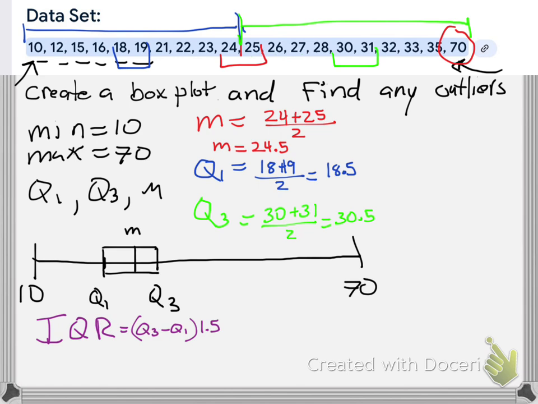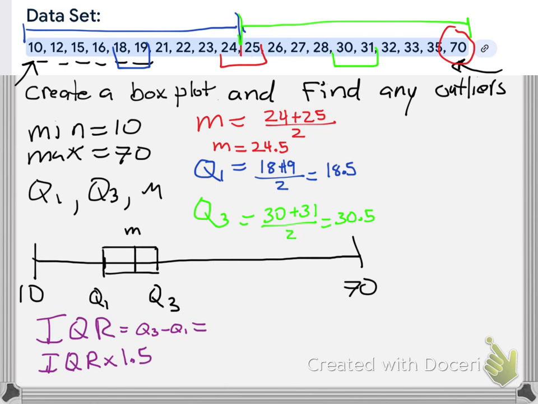So we're going to do that first, and then I'll show you how that works. Let me back this up a little bit. This gives us our IQR. Then we're going to take our IQR and multiply it by 1.5. I don't want to put the parentheses here because you might assume that the IQR is that, but it's not. So let's find our IQR first.